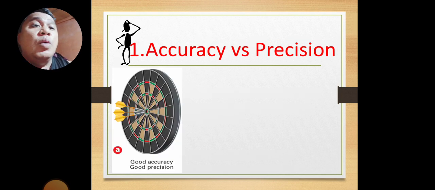Have you imagined playing darts, where the standard value is the bull's eye, which is 100 points? In your first trial, you throw a dart, and all of your trials, say for example 5 trials, really hit the bull's eye.